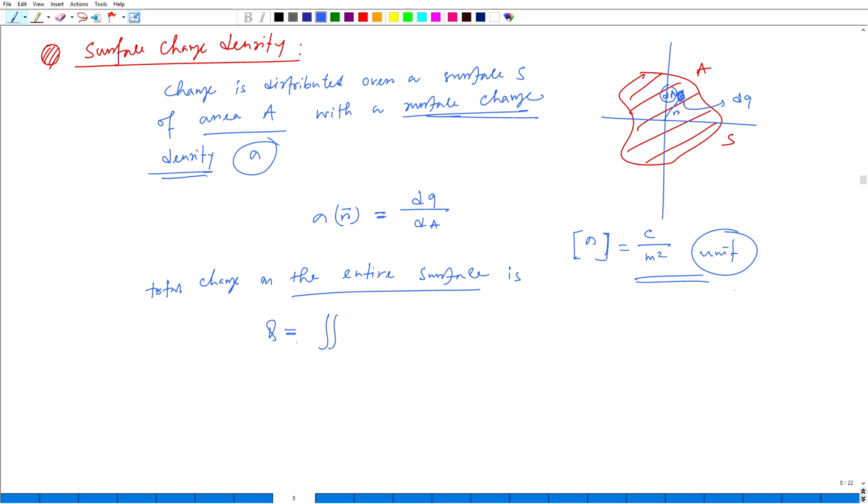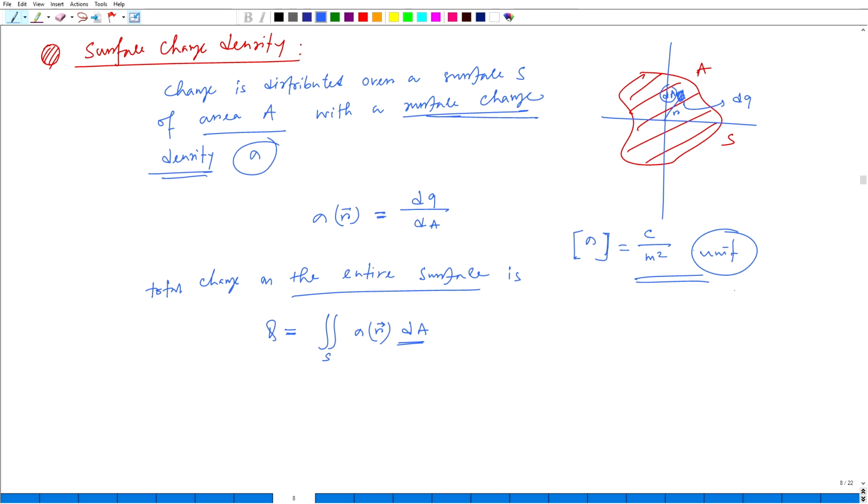The double integral means the surface integral, since there are two variables in the Cartesian coordinates, dx and dy. So Q is the double integral of sigma as a function of r vector times dA, where dA is the area of a small element. Next we calculate the charge for a certain system and then the electric field.